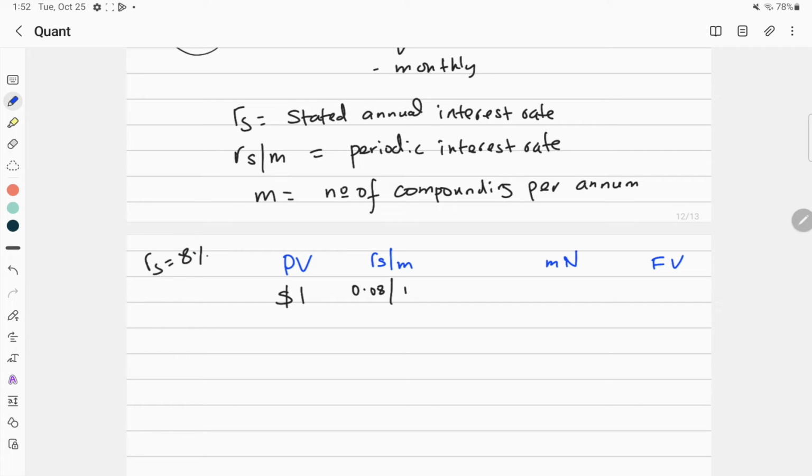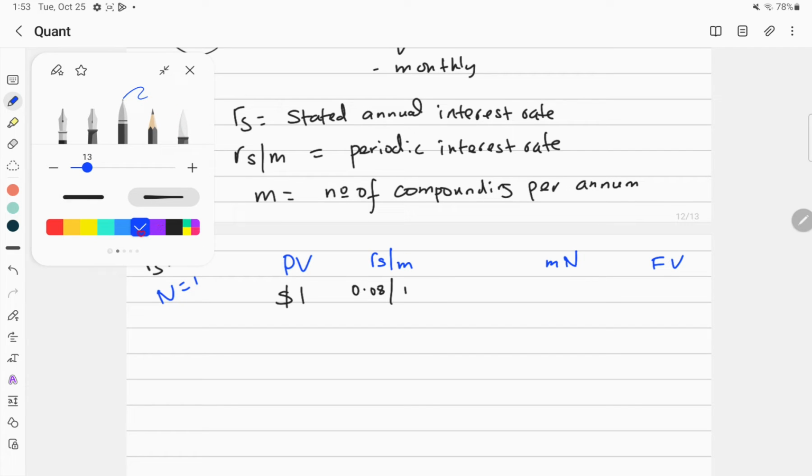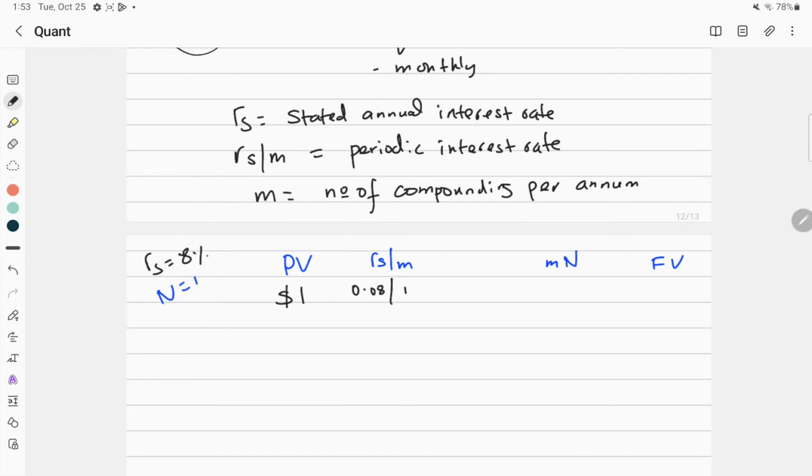Let's talk about how much we'll have at the end of the first year. N is 1, RS is 8%, and M is 1. So 0.08 divided by 1 gives us the annual interest rate, that is 0.08, and M times N is 1 times 1, which is 1. So this will give us at the end of the year $1.08.